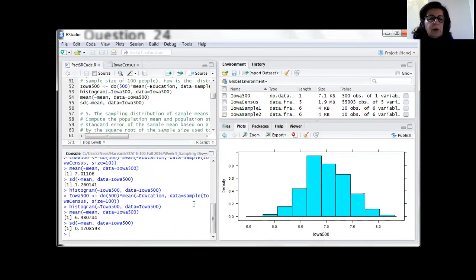As we saw before, with the increasing sample size, the variability of the sampling distribution is going to decrease. In our previous example, our sample size was 10. In this example, it is 100. So it is expected that the standard deviation is going to be less than the previous example.